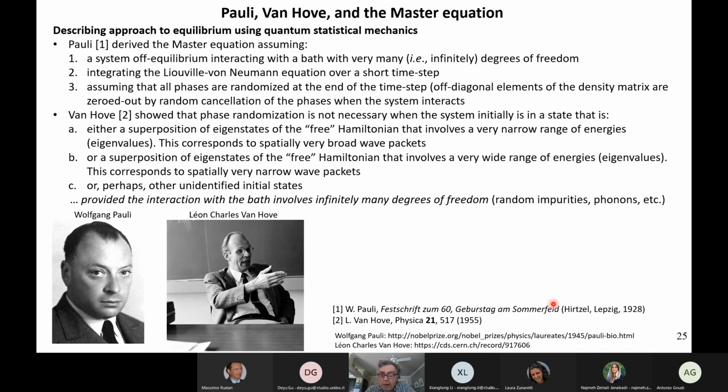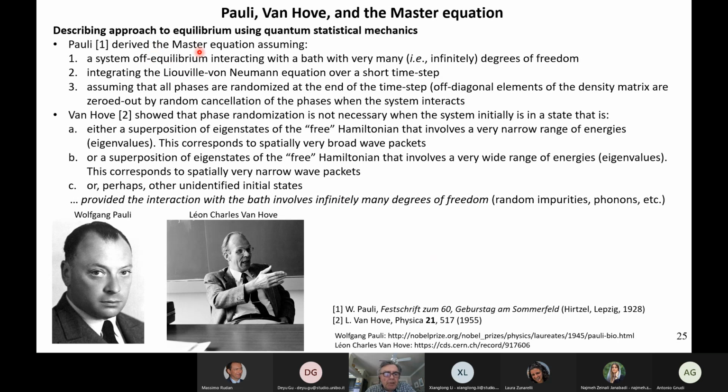I haven't looked at it. Boy, 1928, so very shortly after quantum mechanics was invented. I don't even know whether there is a translation in English. Apparently this is actually in a book that commemorates the birthday of Arnold Sommerfeld. I think Pauli was a student of Sommerfeld, I'm not sure.